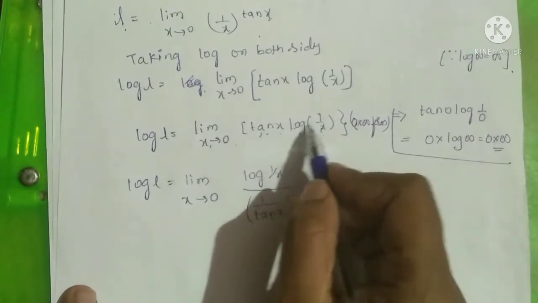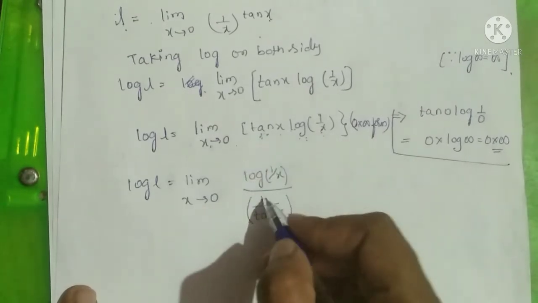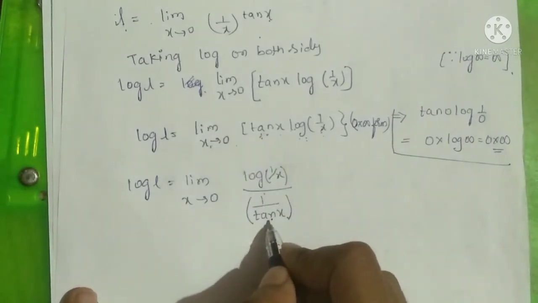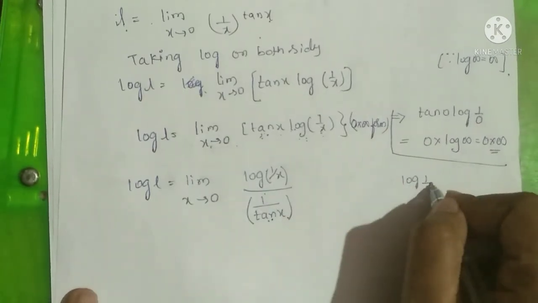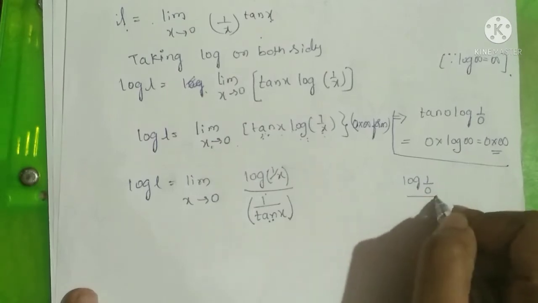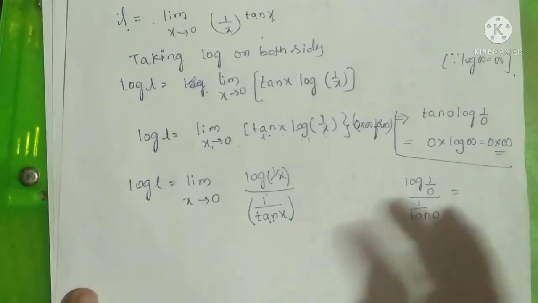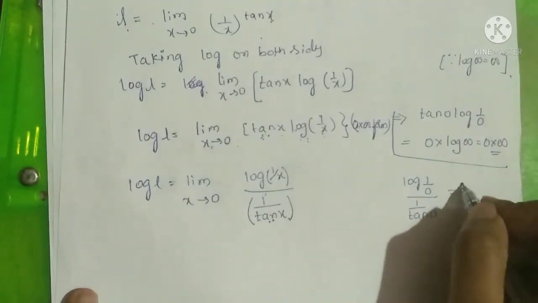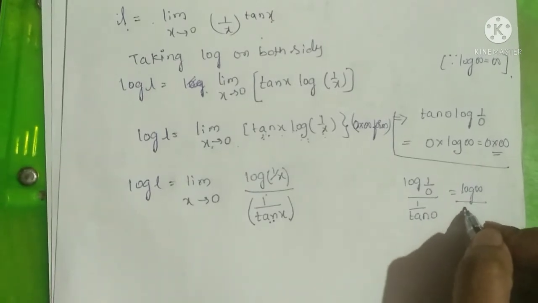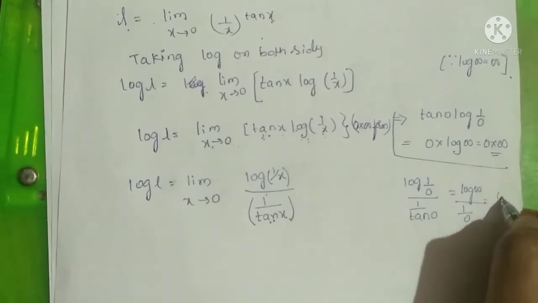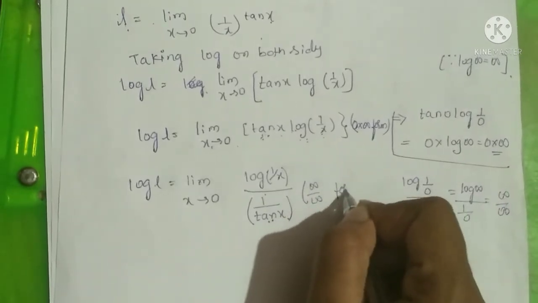Applying the limit, log of 1 by 0 is infinity, and 1 divided by tan 0 is 1 by 0, which is infinity. So it is in the form of infinity by infinity form.